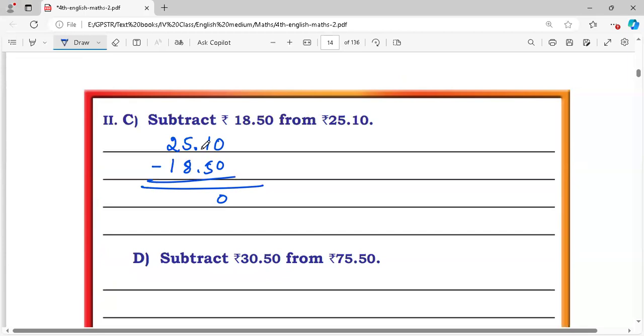Take a 10 from the nearby house. It becomes 11. 11 minus 5 is 6. Carry 1. 15 minus 9 is 6. Carry 1. 2 minus 2, 0. 6 rupees 60 paise.